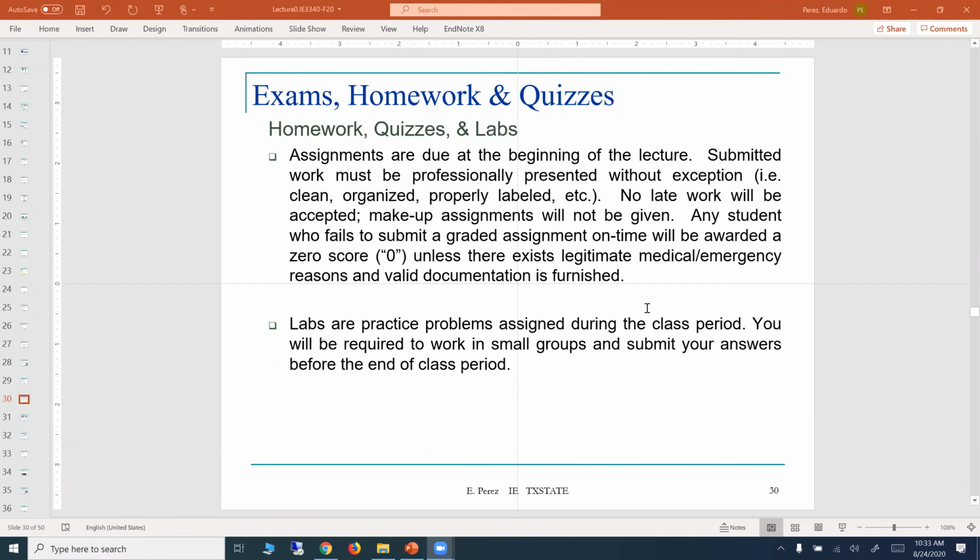Labs are practice problems assigned during the class period. As I mentioned, they are going to be announced in the modules, but in order for you to get the whole perspective of what you need to do in the lab, you have to watch the video. You'll be required to work in small groups and submit your answers before the end of the class period.